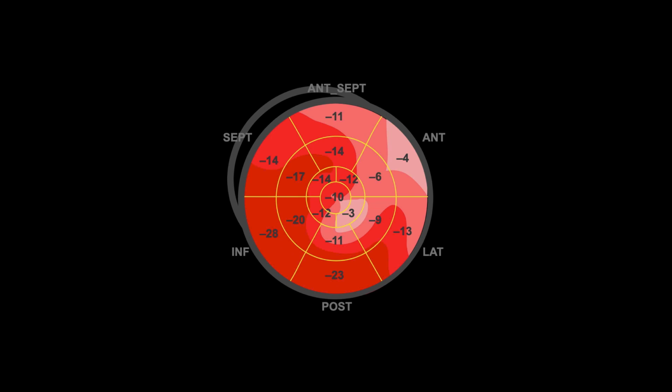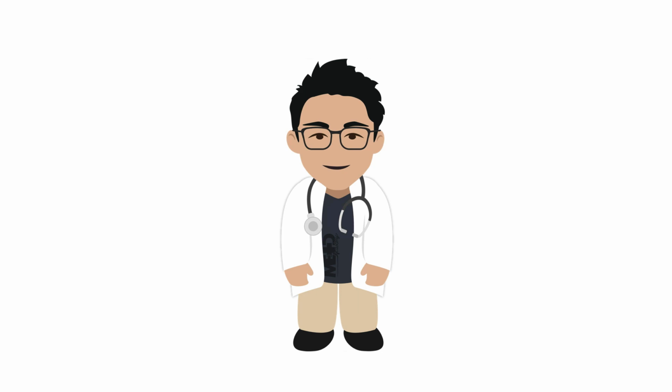Hypertrophied regions have reduced myocardial deformation and therefore produce strain values closer to zero. So the bullseye plot will display shades of pale pink, suggesting a reduction in deformation, and the overall average GLS will be reduced.